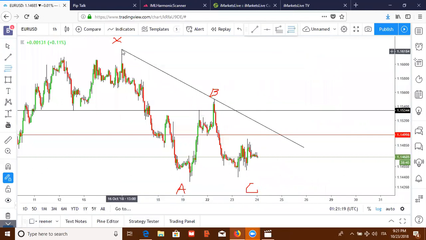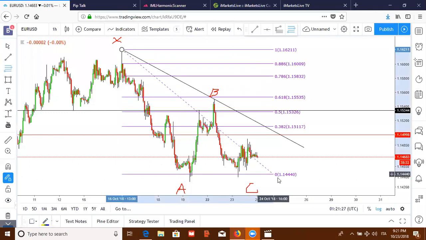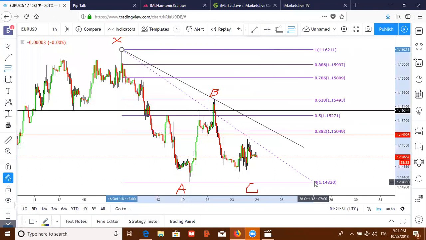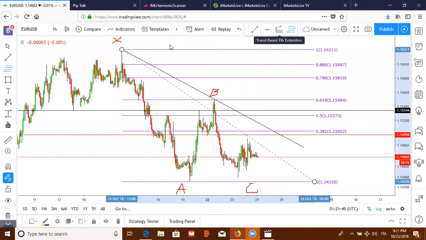So to identify my D point where we're going to be looking to enter the market for a selling opportunity, take my fib from X all the way down to A. Let me just extend this out just a little bit. I take my fibs from wick to wick. And like I said, you can either take the Fibonacci Extension tool, which I just have saved up here for me.